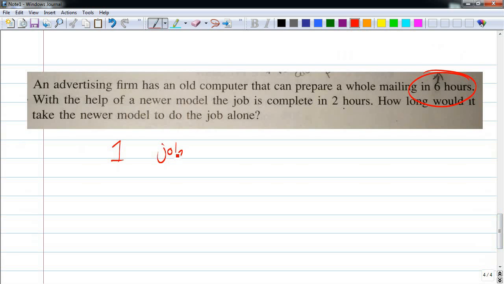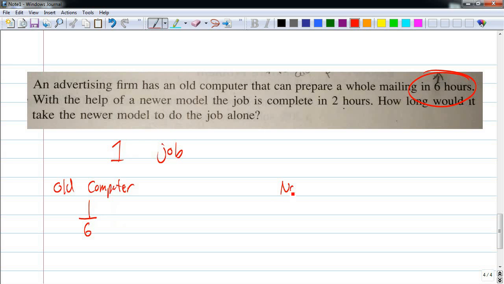So the old computer operates at a rate of 1/6 of the job per hour.